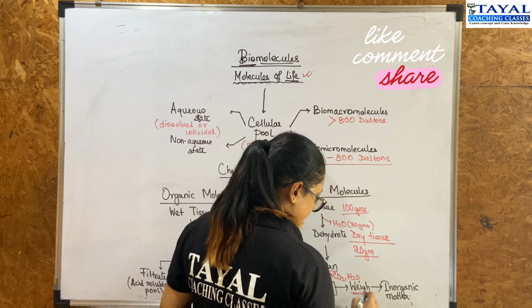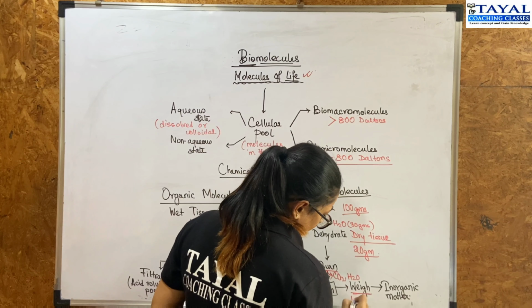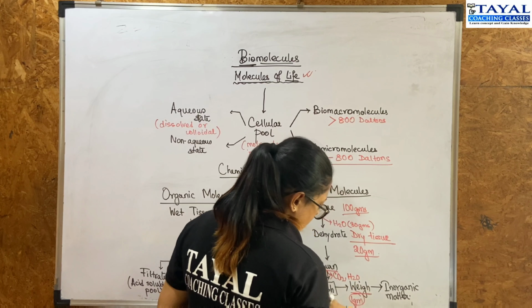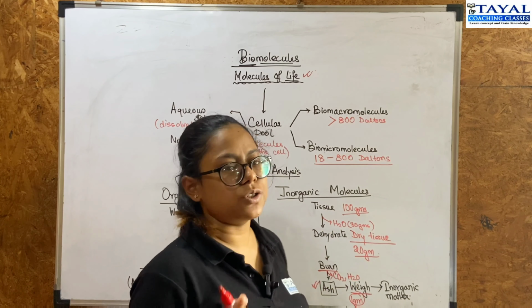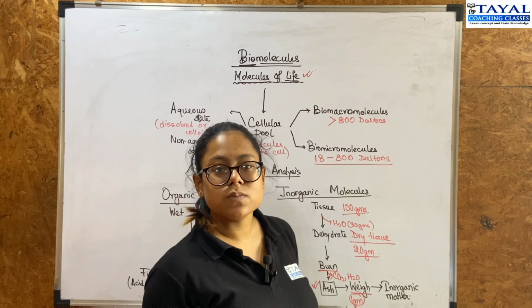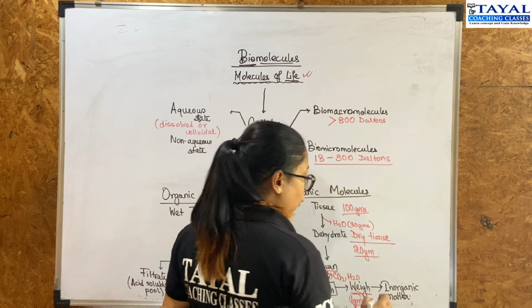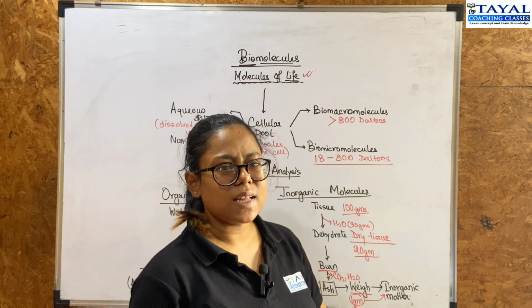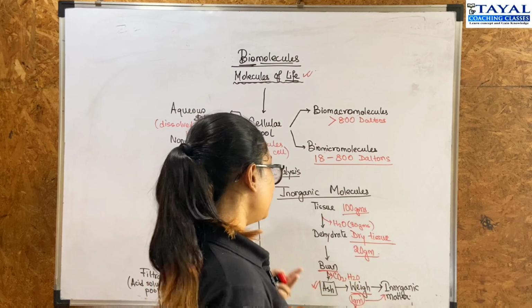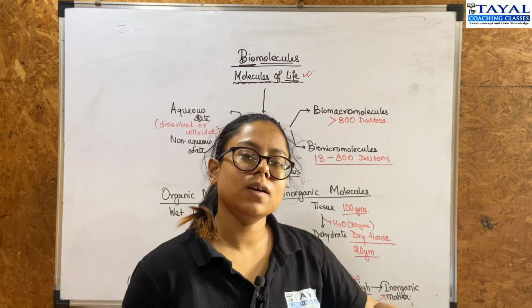When you will weigh the ash, let's say it turns out to be 1 gram in weight. So then you can say that mostly there was about 19 grams of organic molecule, and whatever you're left with is your organic matter. Correct? So that's a very easy way to figure out how much of water and organic and inorganic compounds a particular tissue consists of.